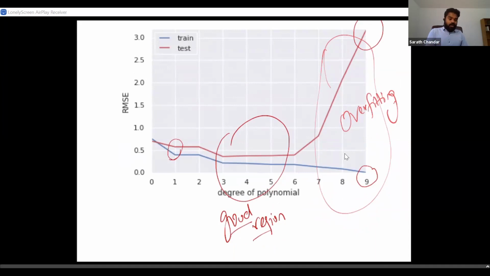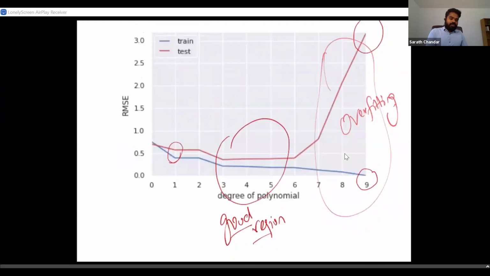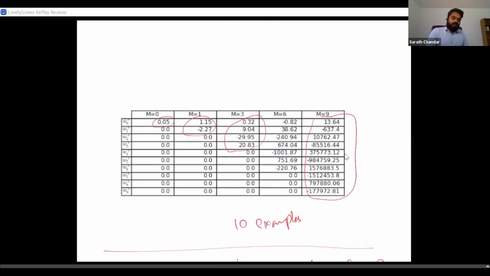Now we also discussed why this should be the case. For example, we know that the 9-degree polynomial can represent a 3-degree polynomial by just setting the coefficients of the rest of the degrees to 0, right?